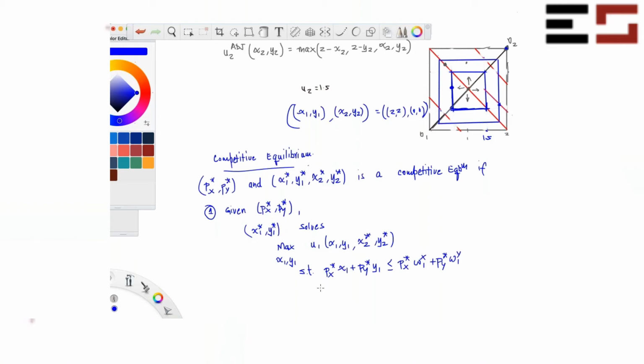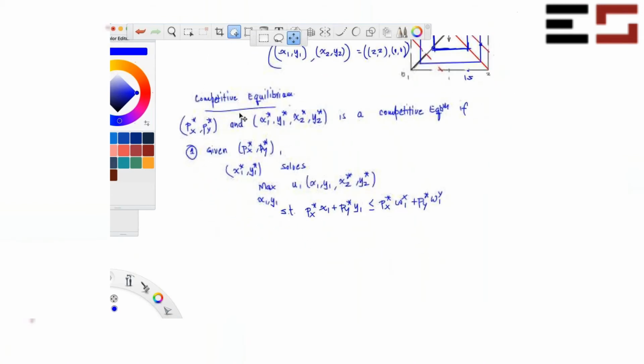Of course, you also have non-negativity constraints, which I'm not writing. So x1 star, y1 star must solve this problem, which means that x1 star, y1 star is the best response demand when x2 star, y2 star is the decision of consumer 2.